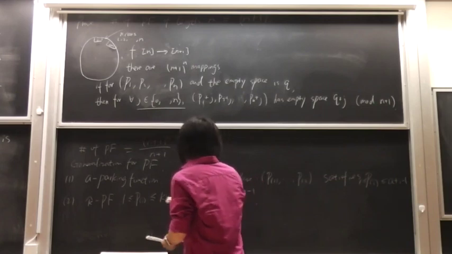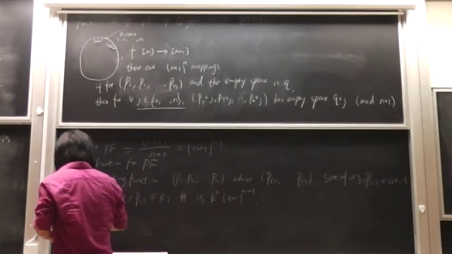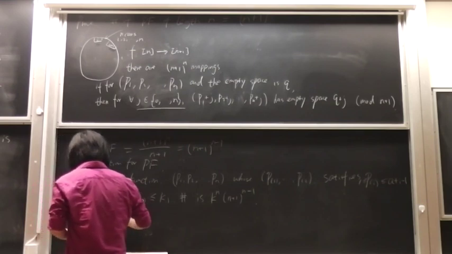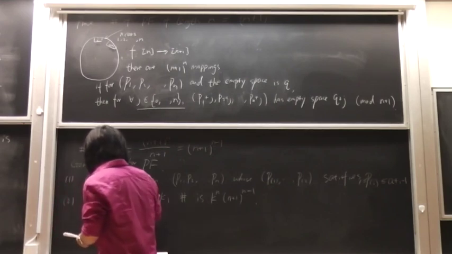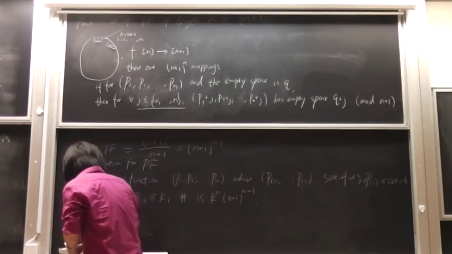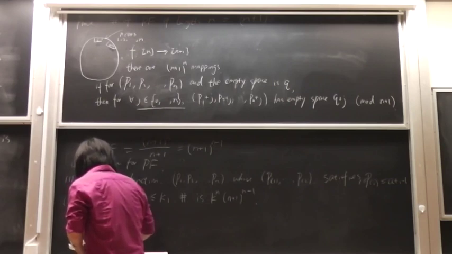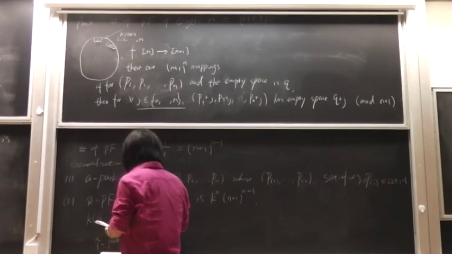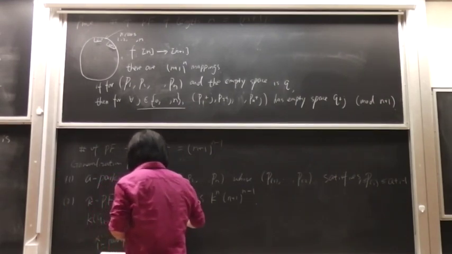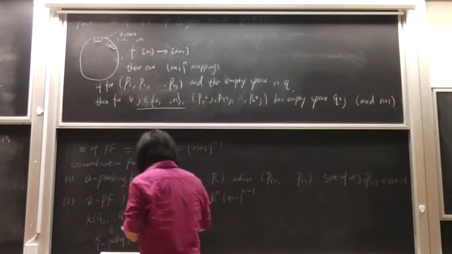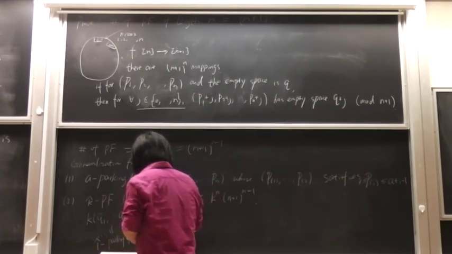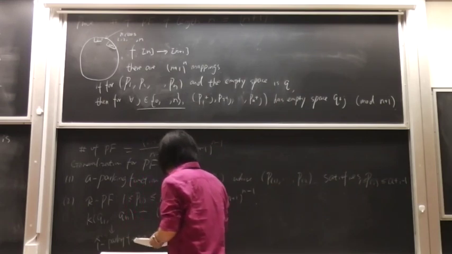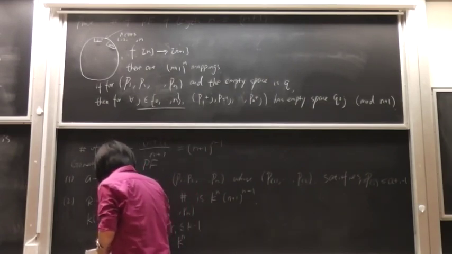Because each k parking function can be written as k times a classic parking function q1 up to qn, minus a sequence. For this sequence, each ri is from 0 to k minus 1. So there are k to the n choices here, and here there are n plus 1 to n minus 1 choices.